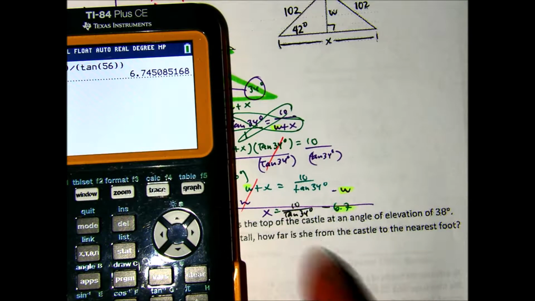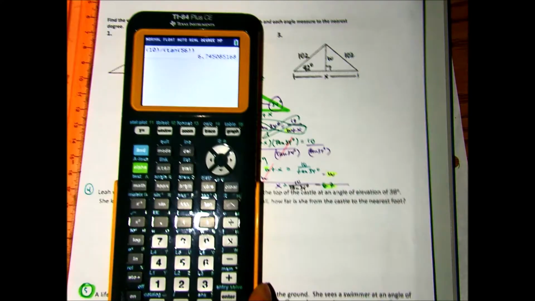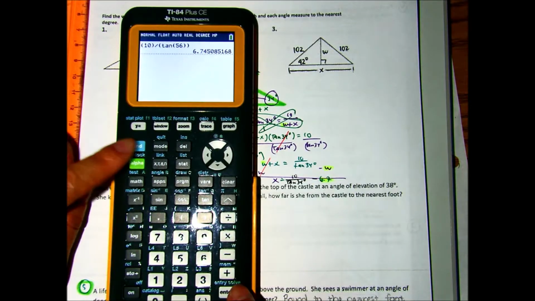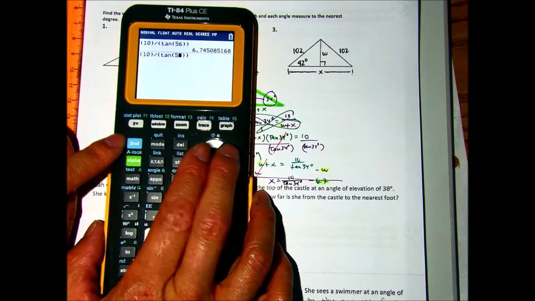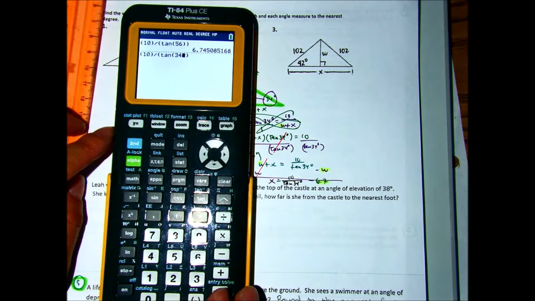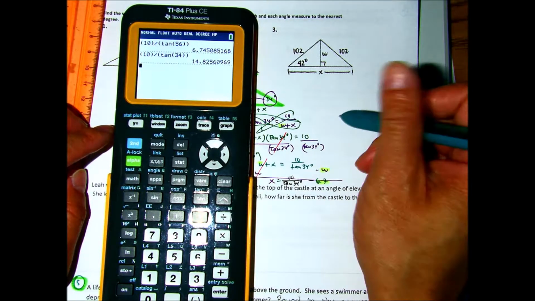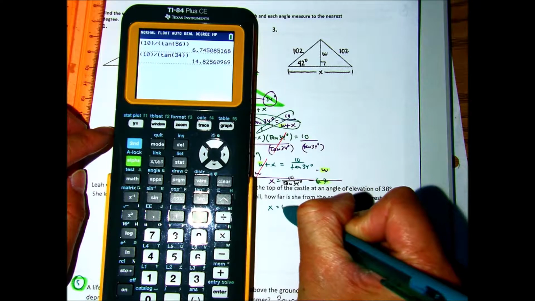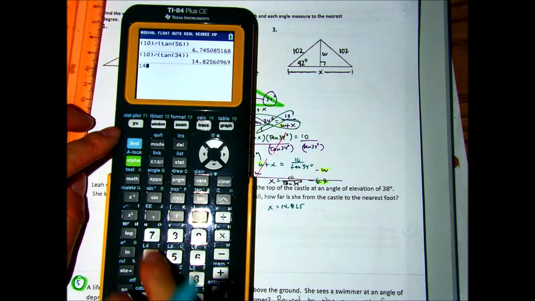Remember in your calculators, there's a trick. If you want to copy and paste from the previous expression, I'm just going to press second and enter. That means the entry. And I can just go back and change that number. So there I get something like 14.825.